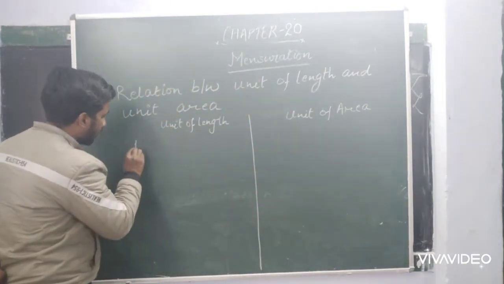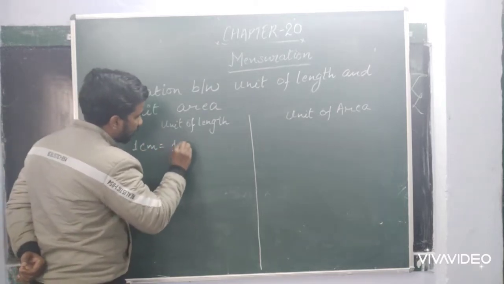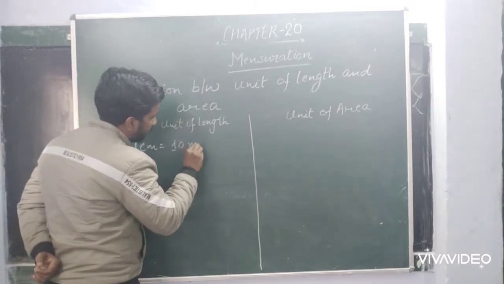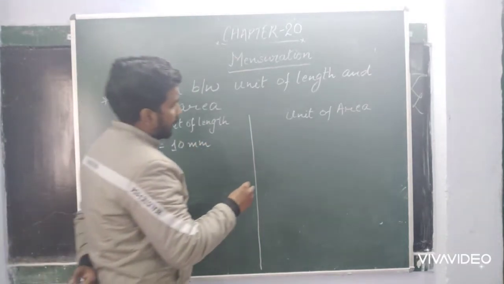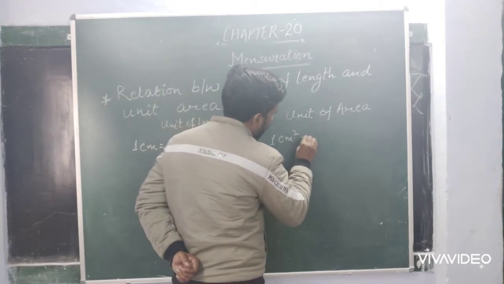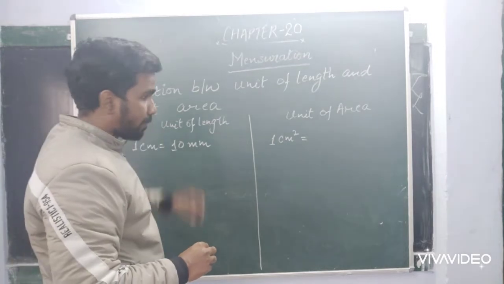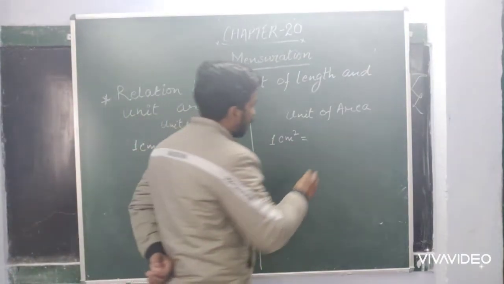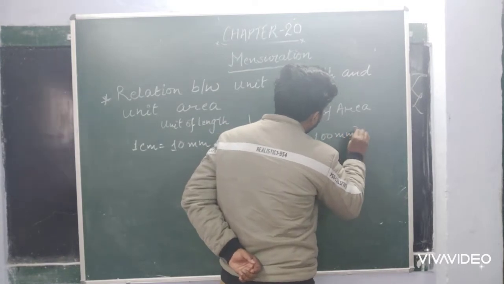If the length is 1 centimeter, and if you convert in millimeter, this will be 10 millimeter. And if the area is given, so area is 1 centimeter square, because area is calculated in square. So this will be 100 millimeter square.